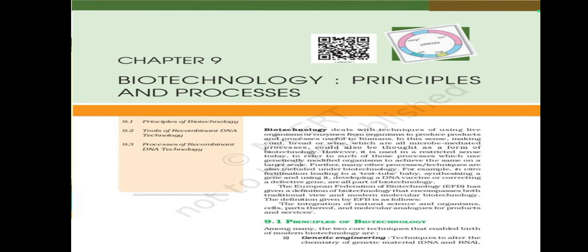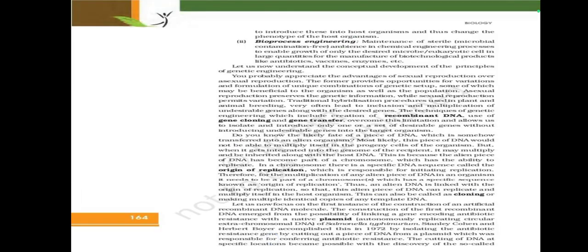9.1 Principles of Biotechnology. Among many, the two core techniques that enabled the birth of modern biotechnology are: first, genetic engineering techniques to alter the chemistry of genetic material, DNA and RNA, to introduce this into host organisms and thus change the phenotype of the host organism.